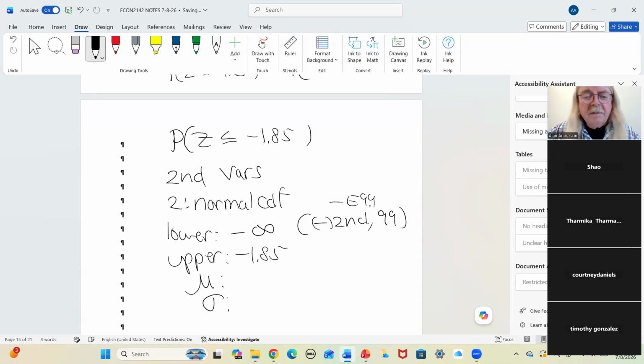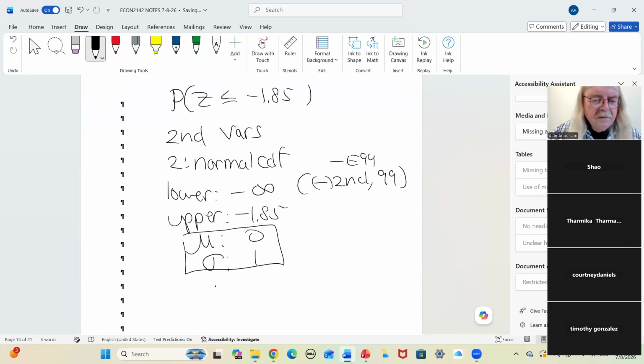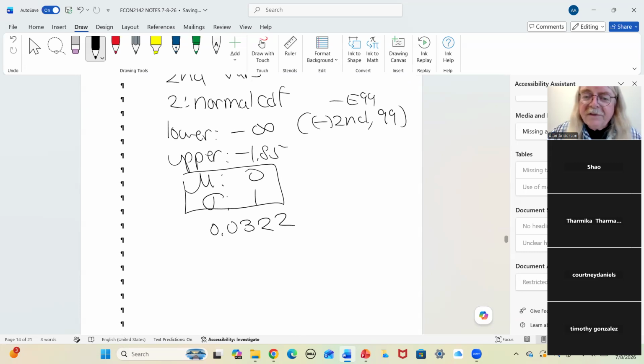So we type negative second comma 99, and that is replaced with negative E99. These stay at 0, 1. It's about 0.032, let's say. But then remember, we have to double it.